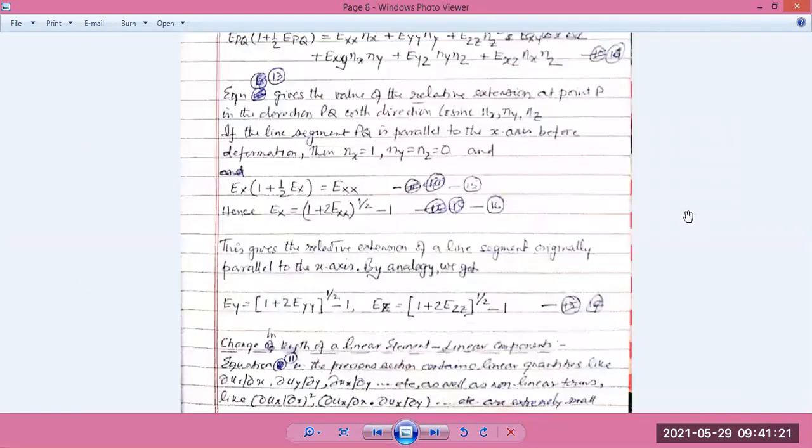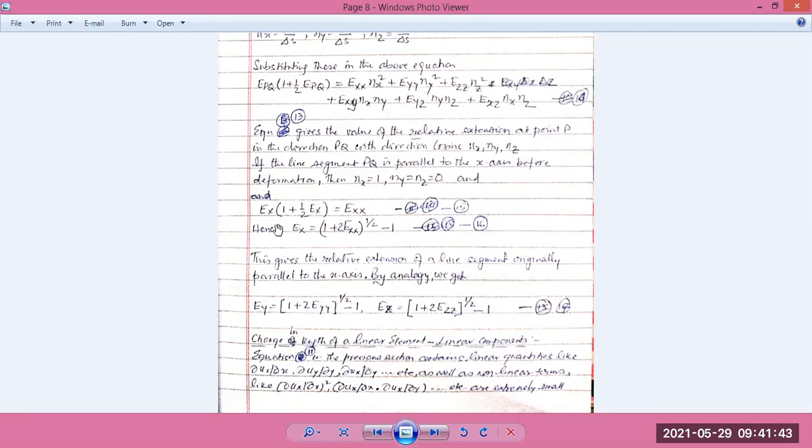This equation gives us the relative value of the relative extension at the point P in the direction PQ with direction cosines nx, ny, and nz. And if the line segment is parallel to the x-axis before deformation, then nx is equal to 1 and ny is equal to 0.